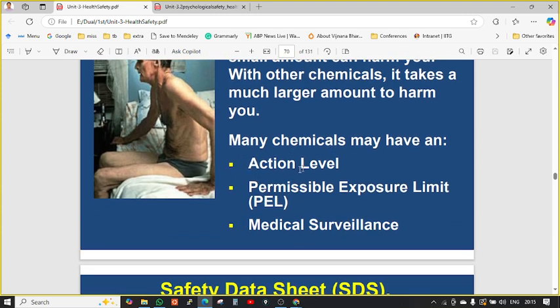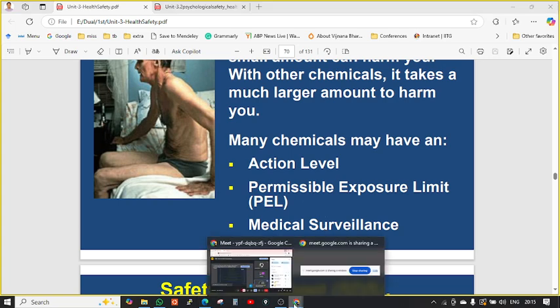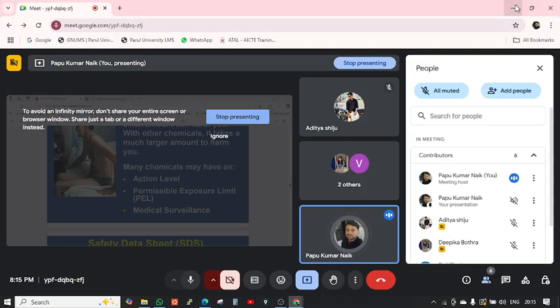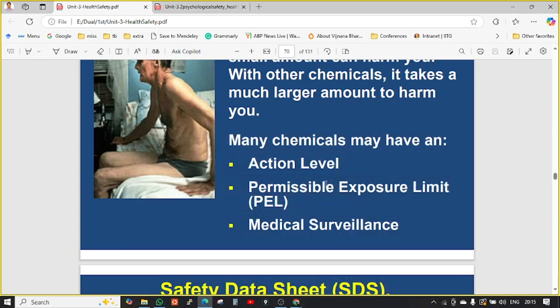Many chemicals may have an action level, permissible exposure limit, medical surveillance. In unit 2, we already discussed LC50, LD50, and this is called permissible exposure limit, PEL. We do not suddenly get ill or injured with these chemicals, but when the chemicals are taken or exposed beyond a particular limit, then it becomes a poison.